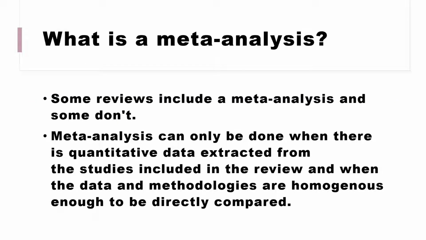A meta-analysis often goes alongside a systematic review. So you'll see the title of some systematic reviews say they're a systematic review and meta-analysis. And that's used when there is quantitative data. So it allows you to compare the effects found by the individual studies with one another.